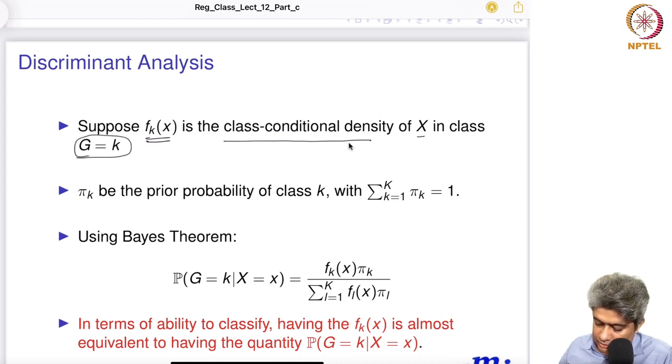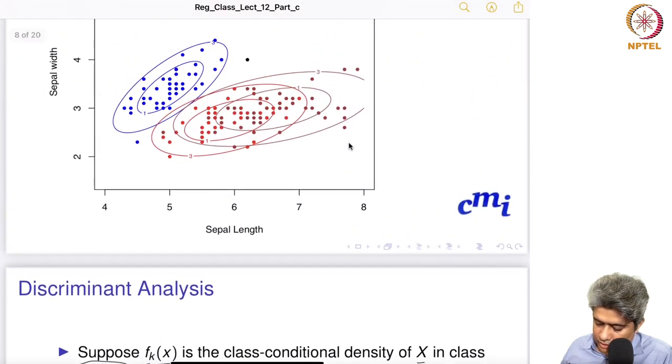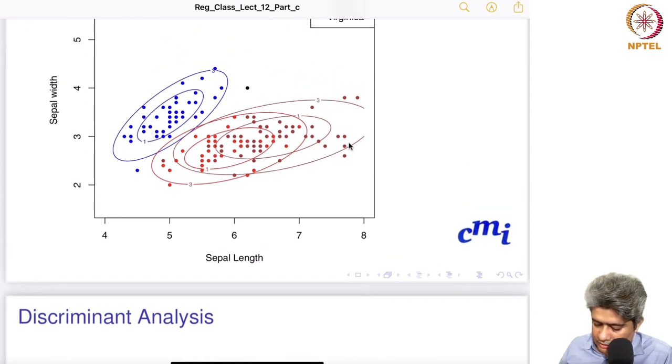So if you go here, this particular distribution we will call f1(x). This is another distribution, we will call it f2(x), and this is another distribution, the red one.